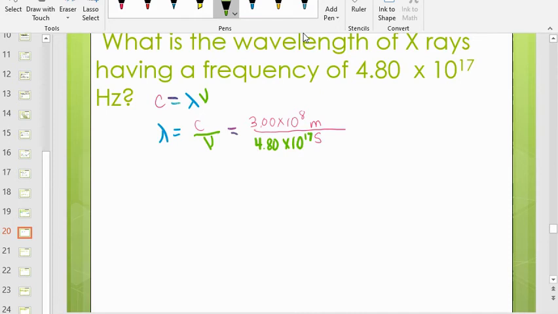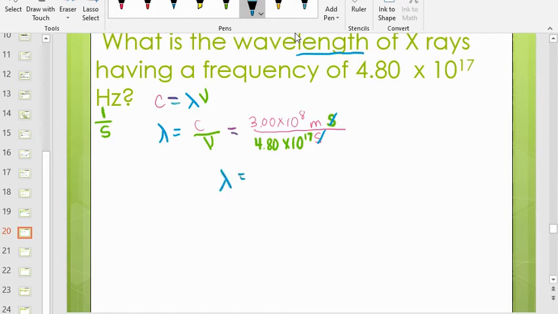Now this is hertz, and remember, hertz is 1 over seconds. So that seconds is going to be on the opposite side, across from my frequency. If I cancel my units, my seconds will cancel out, and that's going to leave me with meters, which makes sense since we're studying wavelength.